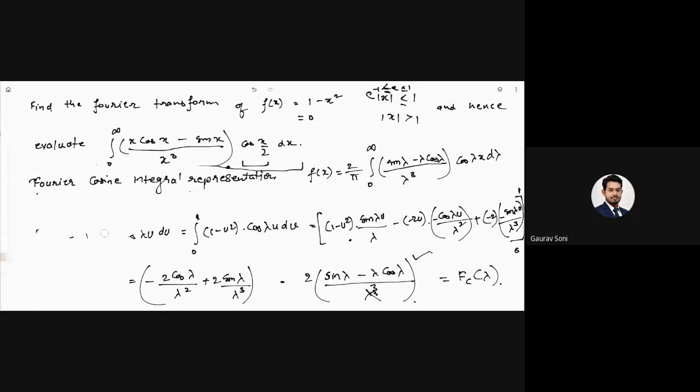So that is the Fourier cosine integral representation. Now we have to simplify it in order to get the required expression.